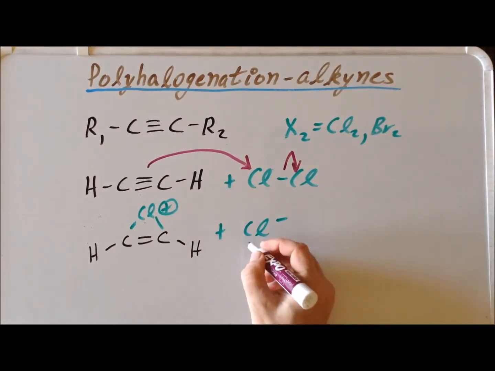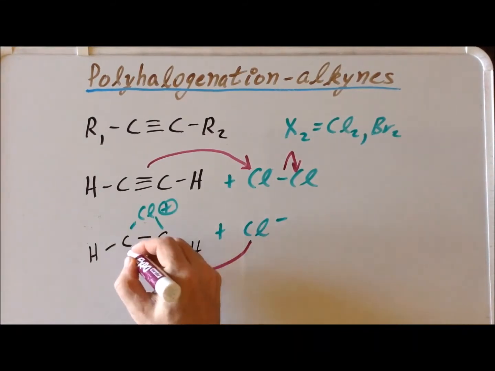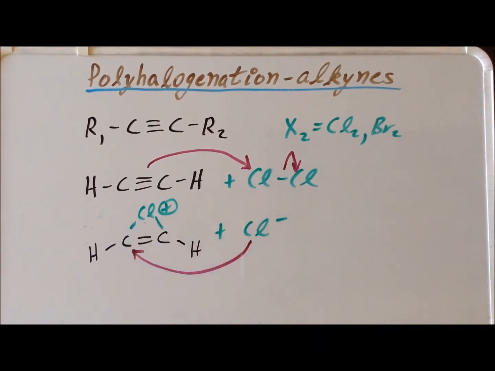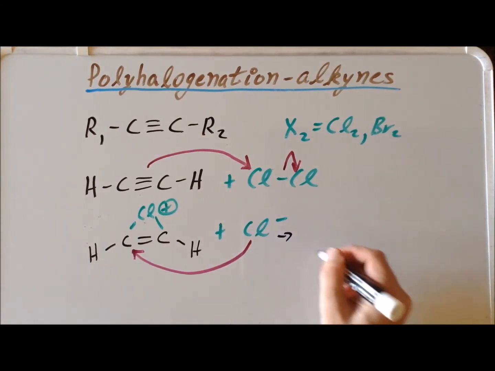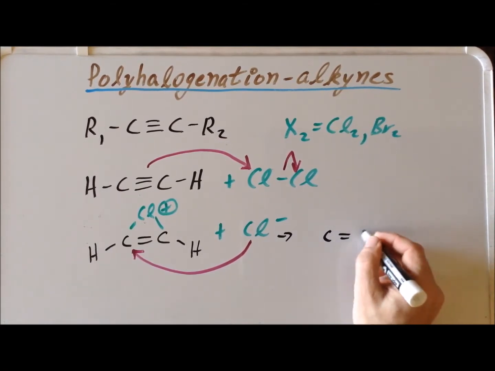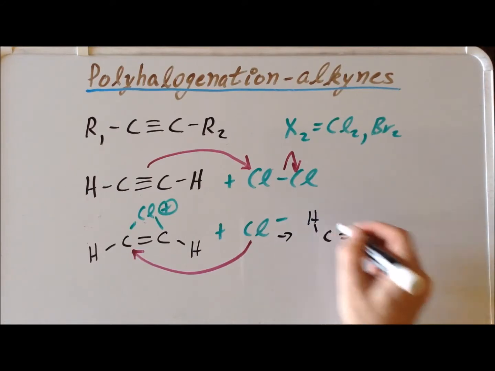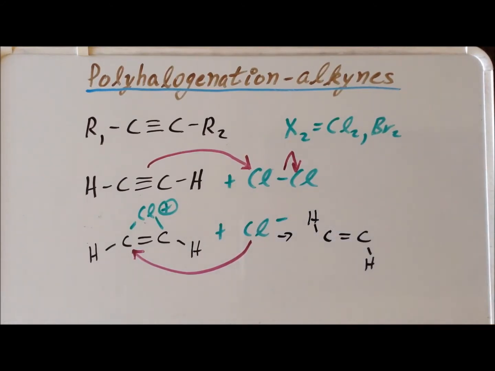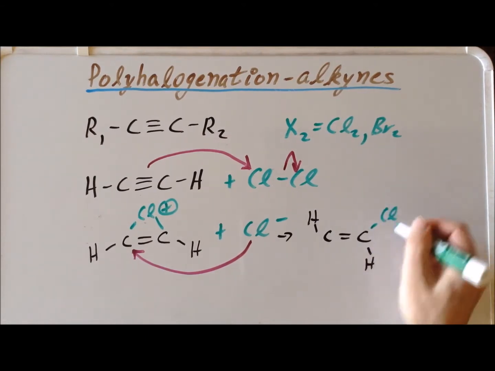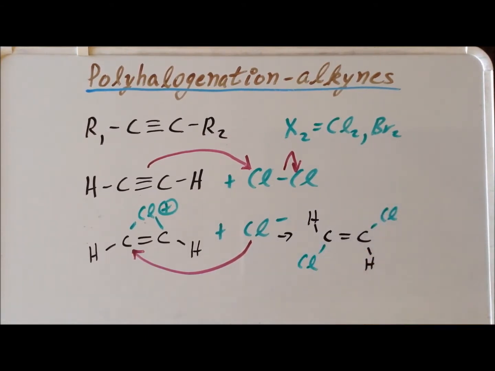Then we have anti-addition. In this case, both of the carbon atoms are identical, so we are left with, as our product, trans 1,2-dichloroethylene.